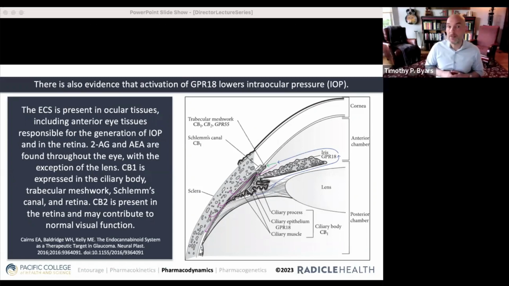Expression of GPR18 receptors in the brain, especially in microglial cells, suggests that the activation of GPR18 might help treat neurodegenerative disorders. So microglia cells are the brain's immune cells. They help protect the brain against injury and disease. They remove toxic agents from dead cells.